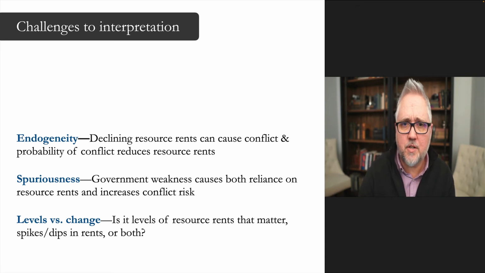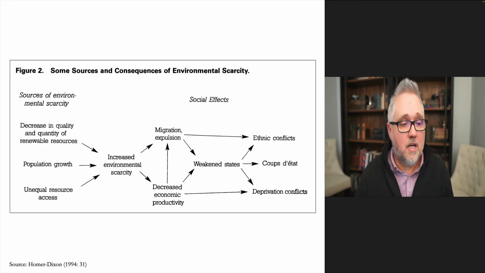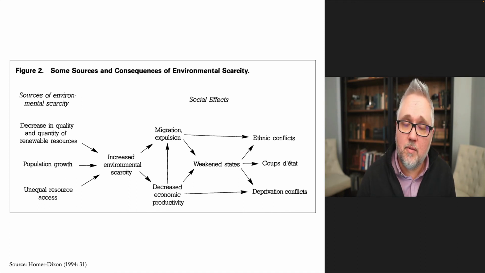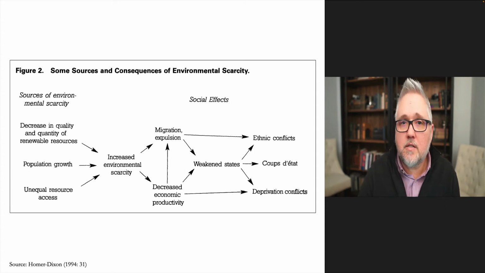Over the course of the semester, I've also tried to hammer home the importance of trying to describe your arguments in different ways, often to try to simplify it as much as possible, to be clear about what you're arguing and what you're not. I often come back to this graph from the Homer-Dixon article that we read back in like week 1 or week 2 of the term, because it does include the major elements of this class: the background sources of environmental scarcity, how that scarcity affects human security and people's movements, and how that can affect political stability.